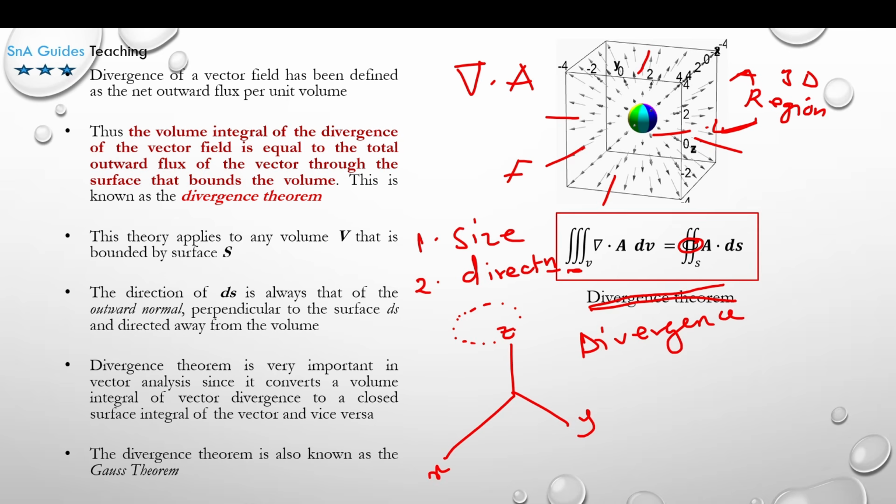For example, if the coordinate system is Cartesian and the area has dimensions x and y, let's say this is it, the direction is going to be in the z direction, right? Perpendicular to the surface.